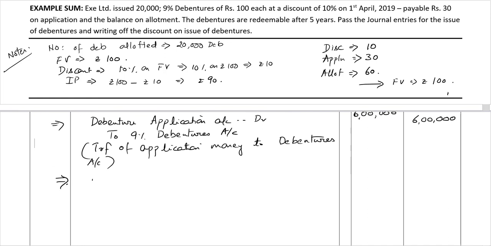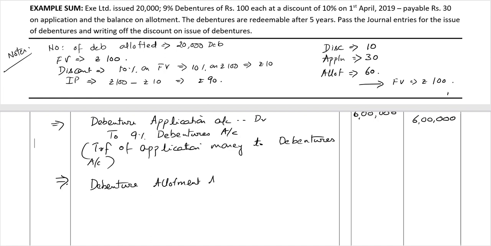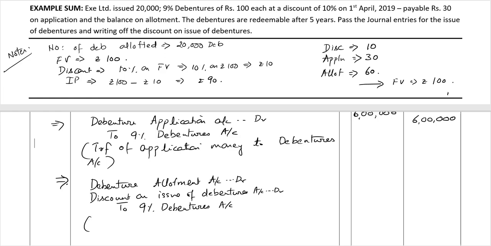Next entry is to make the debenture allotment money due. Debenture allotment account debit. We need to debit the discount on issue of debentures in this entry. Discount on issue of debentures account debit to 9% debentures account for allotment money due.